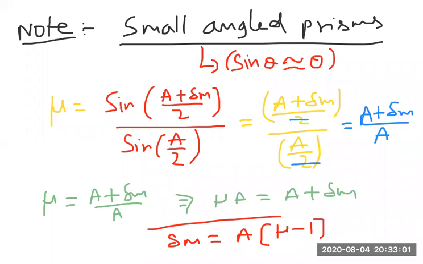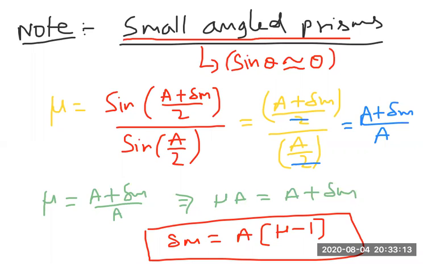This is the formula for the minimum deviation angle of a prism in terms of refractive index. We can use this formula when it is said to be a small angled prism.